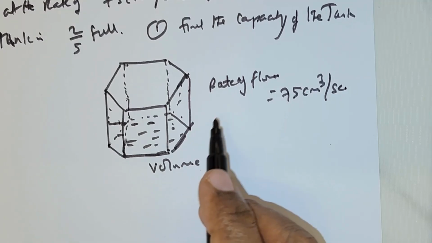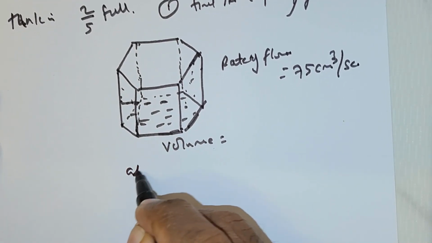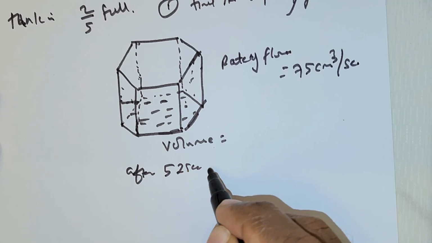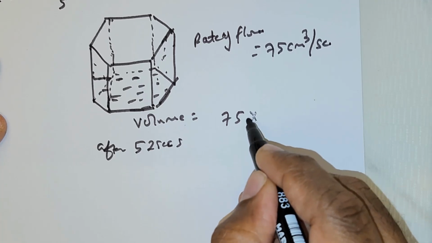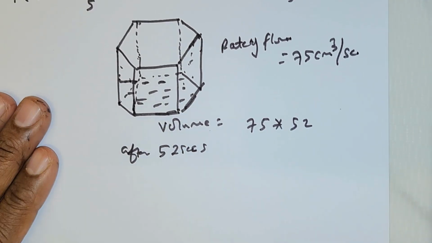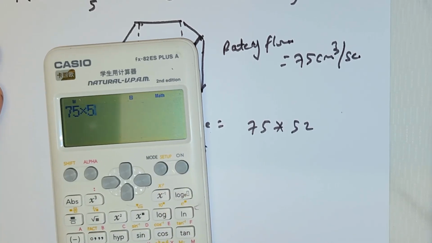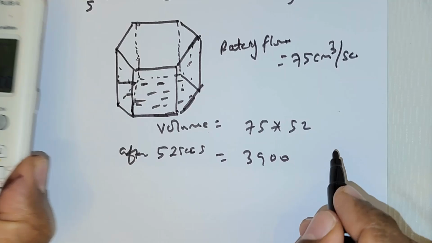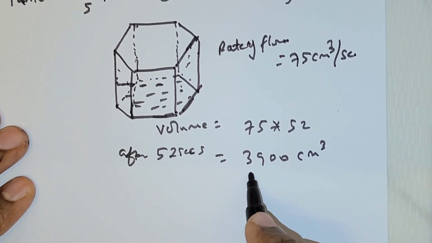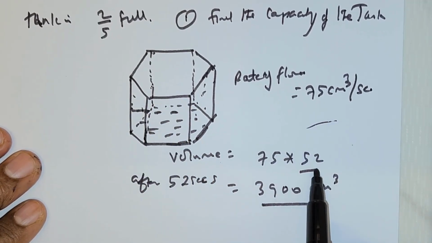Now to get the capacity, how are we going to get the volume after 52 seconds? 75 multiplied with 52, so what is that? 75 multiplied with 52, so 3900 cm cubed is the volume contained in this container after 52 seconds.